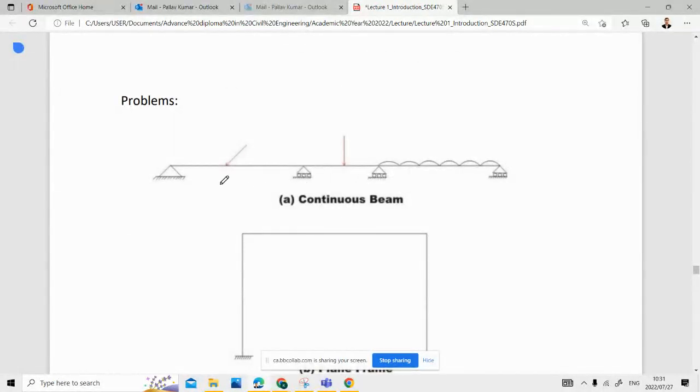If you see this problem, this is a continuous beam. Can you use this equation and solve this and tell me what will be the I for this particular beam, this continuous beam? Just do it and tell me.